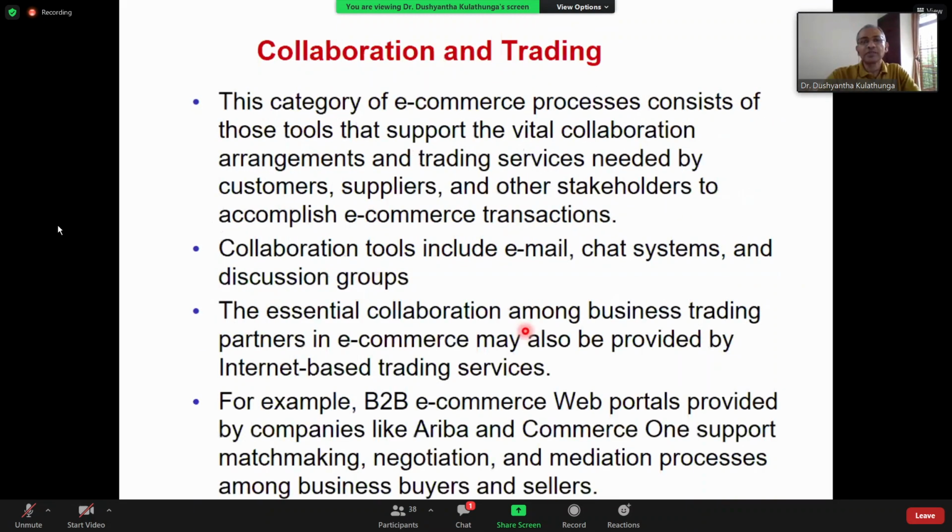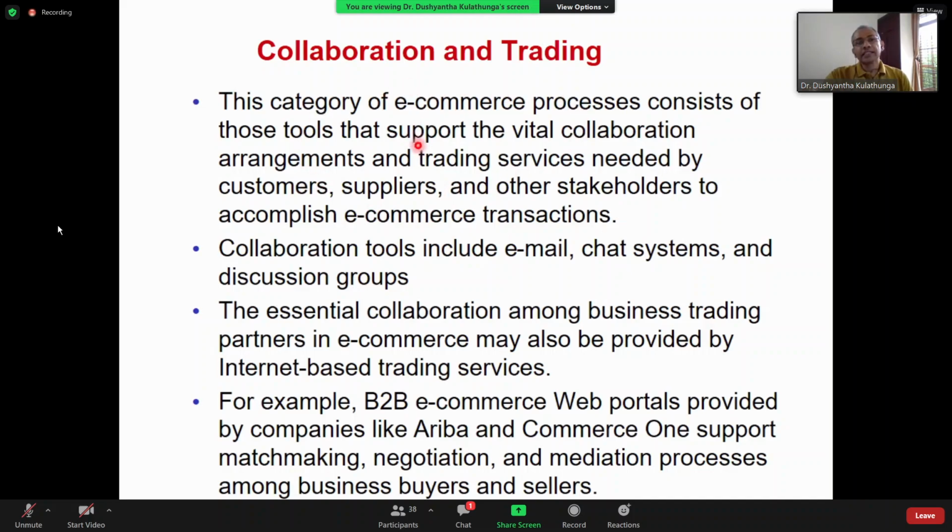We'll move forward to the next one. Collaboration and trading. This category of e-commerce processes consists of those tools that support the vital collaboration arrangements and trading services needed by customers, suppliers, and other stakeholders to accomplish e-commerce transactions.